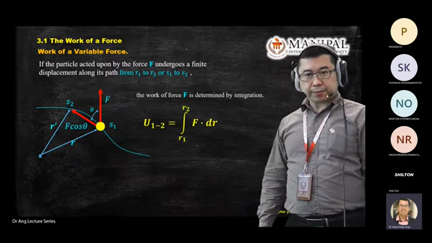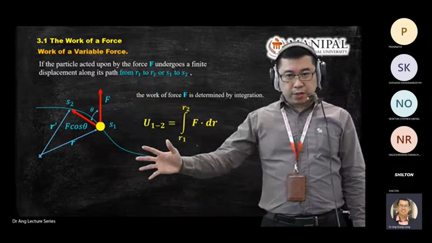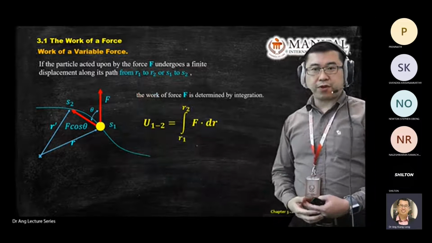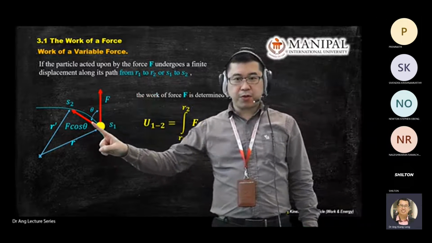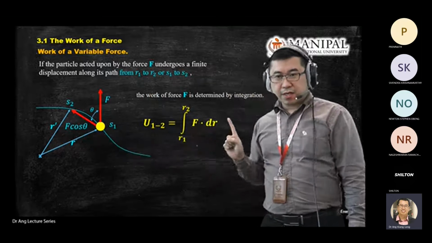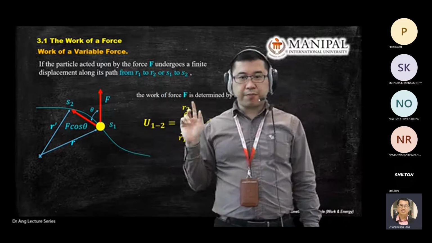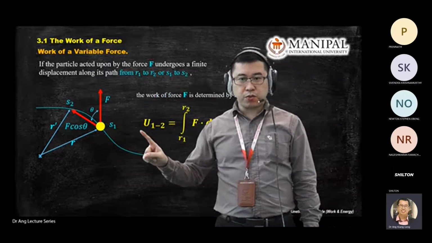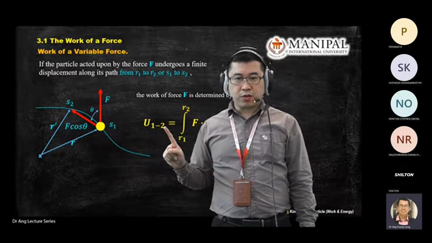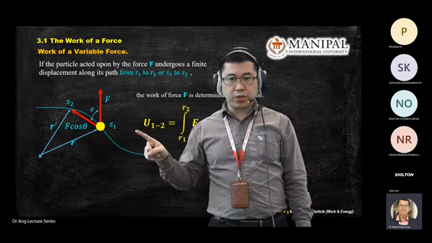So you use integration to solve the work. For example, the object moves from this point to this point. How do you modify the previous equation? You write U1 to 2, because this is dU.